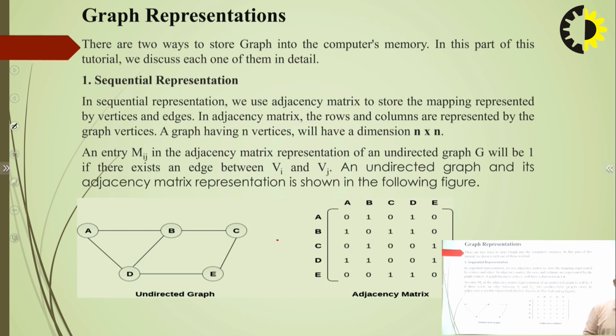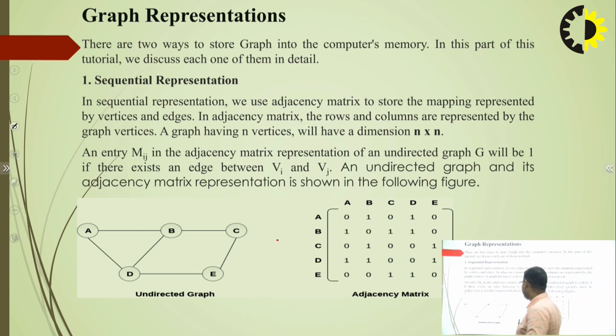The entry Mij means the matrix entry at row i and column j. In the adjacency matrix representation of an undirected graph G, the entry will be 1 if there exists an edge between Vi and Vj. An undirected graph and its adjacency matrix representation is shown in this figure.